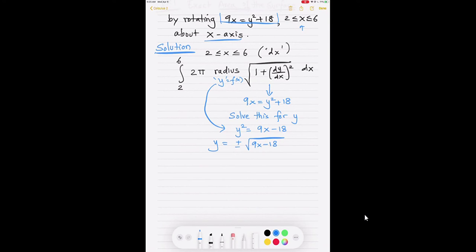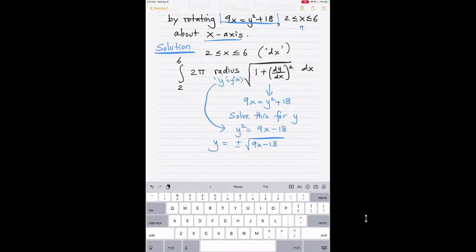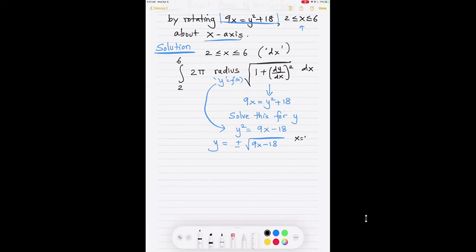We're going to pick y equals positive, exactly as you and Karen said. So you are right, Karen. I like how you talk to yourself when you're here with us. Because when x equals 2, the value of y is going to be 0. When x equals 6, y is going to be positive. So in this interval, y is positive, so I ignore the negative. And so I'm going to work with y equals the square root of 9x minus 18.